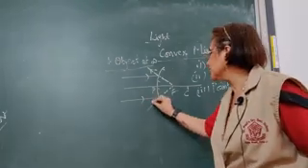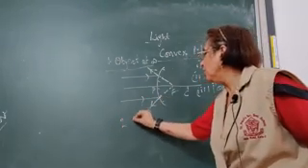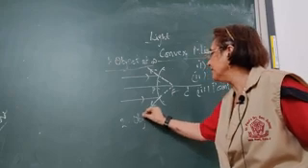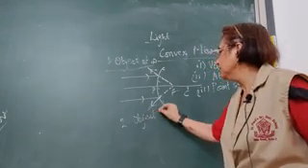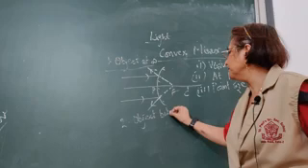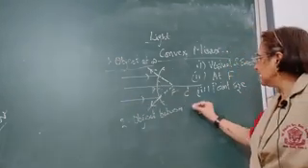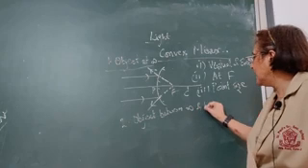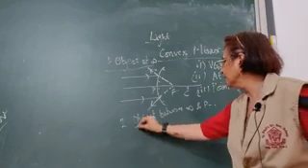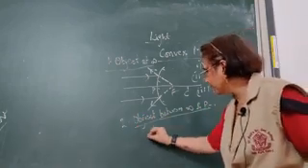Now the second position of the object is object between infinity and pole. Let us place the object anywhere in front of the convex mirror, that is between infinity and pole. First let's draw the figure.